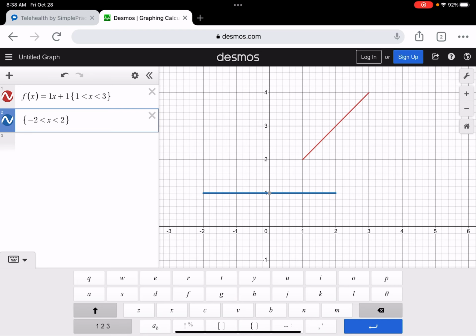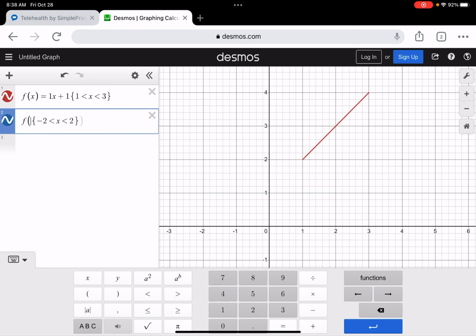So on here, I'm going to do f of x is equal to, I'm just going to put a number for right now to see what it looks like.